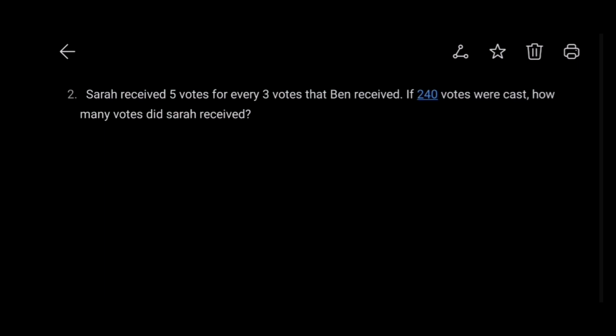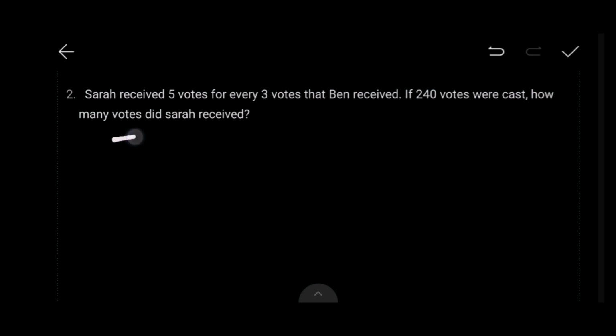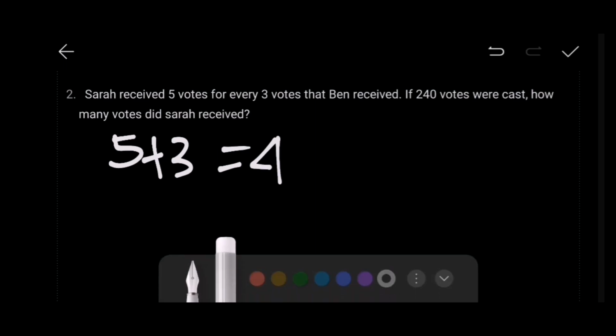So, it's quite different from the previous example, but the same para rin yung process natin dito. So, ang given natin is 5 and 3. Same. Add ang 5 and 3.